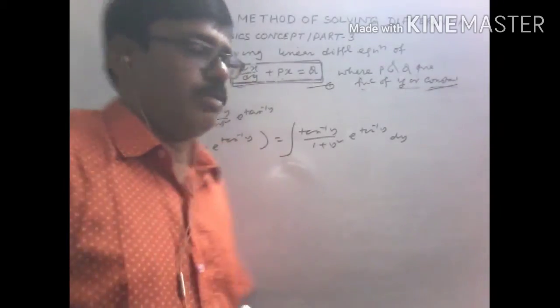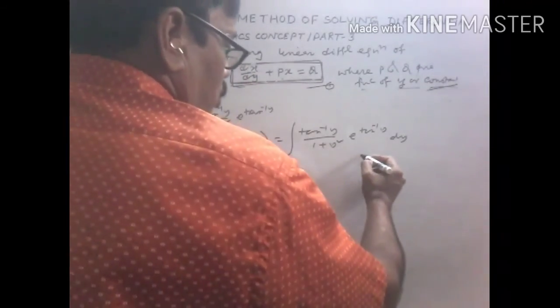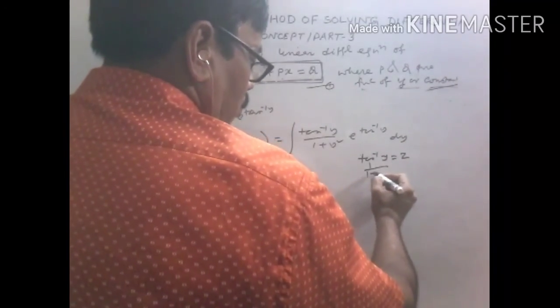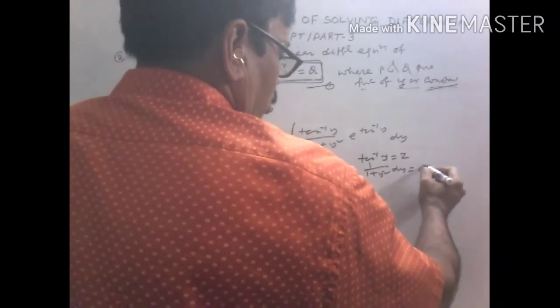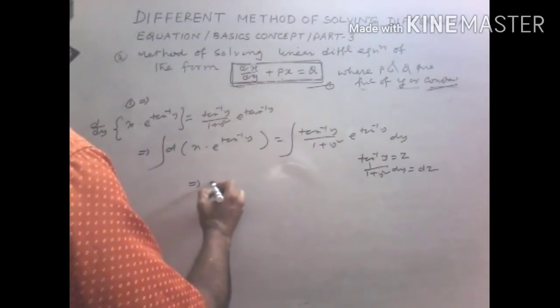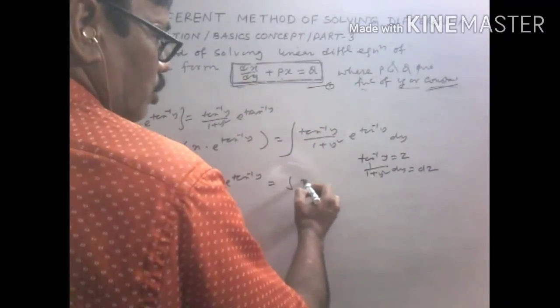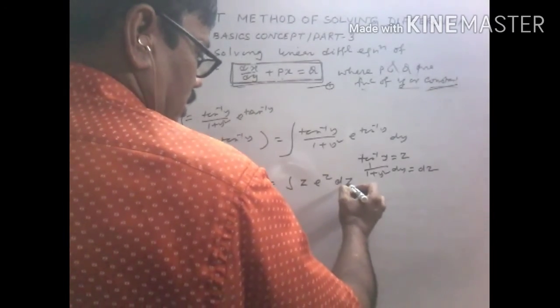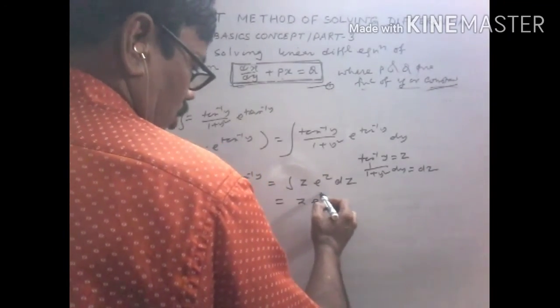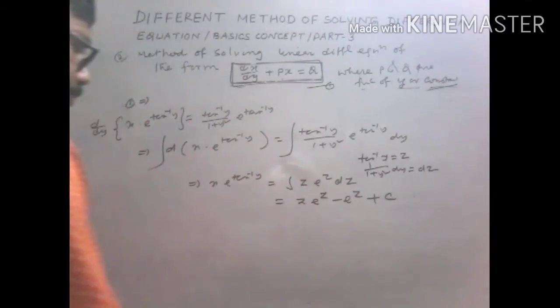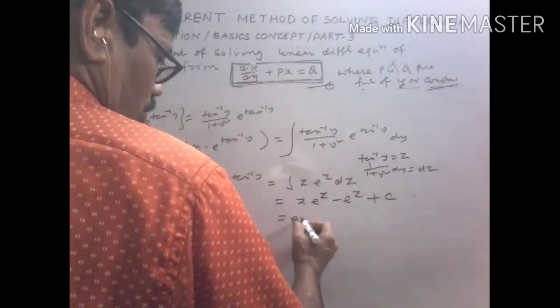So take integration. Now if we put tan inverse y as z, so 1 by 1 plus y square dy equals dz. So this implies x into e to the power tan inverse y equals the integral of z e to the power z dz. And we have already solved this problem by parts.